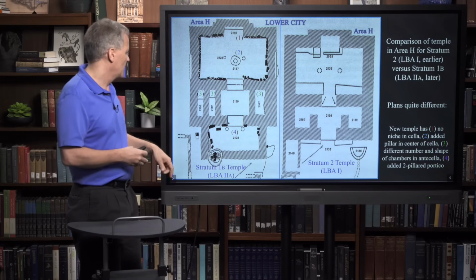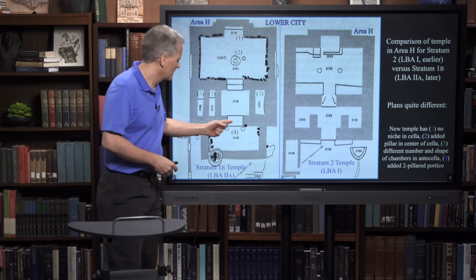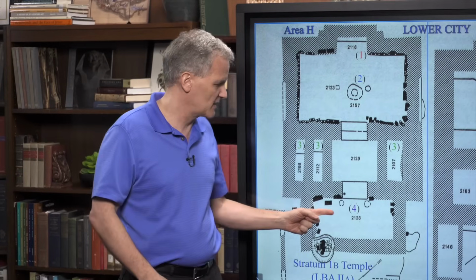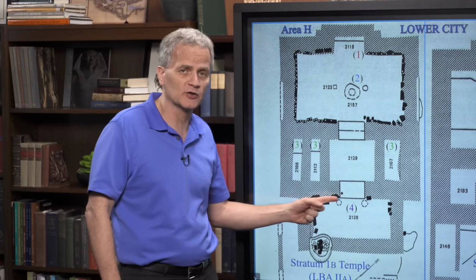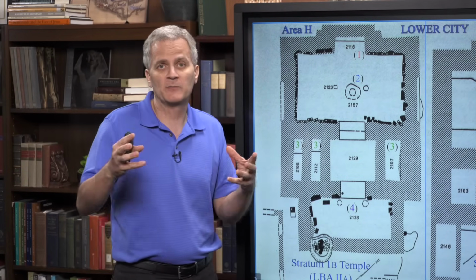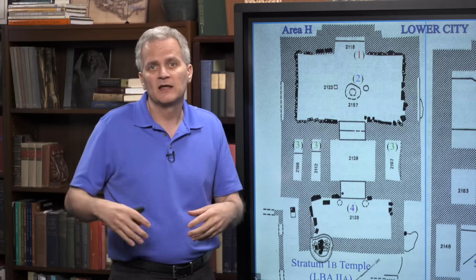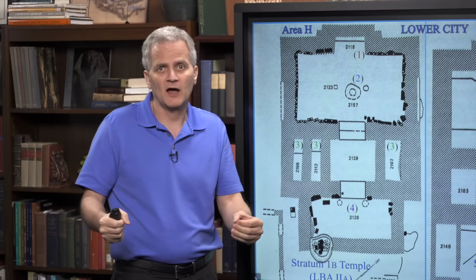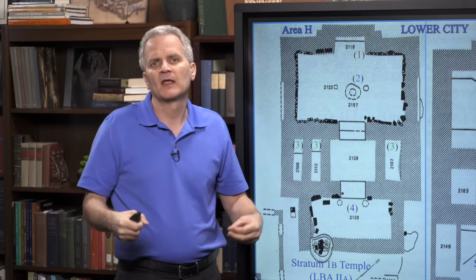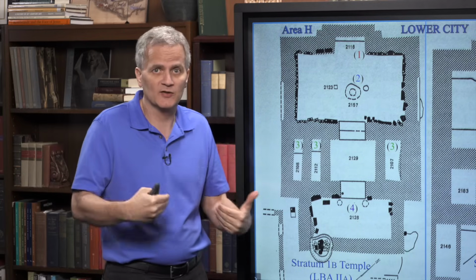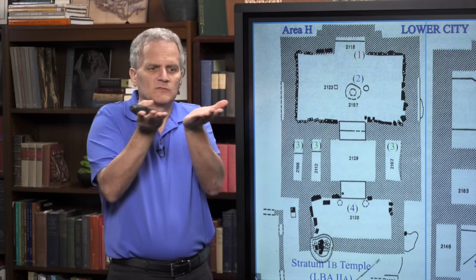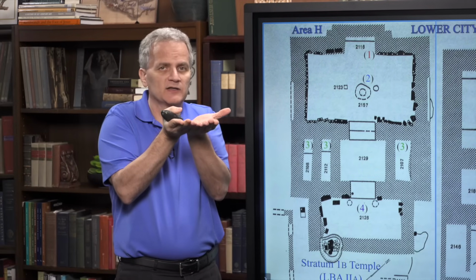Then fourth, we've added here a closed-in portico. So almost certainly, because we now have two twin pillars, like we read about of the Temple of Solomon, that the portico had two twin pillars, Joachim and Boaz. Well, here we have such two twin pillars that hold up a structure above, which undoubtedly is a roof.